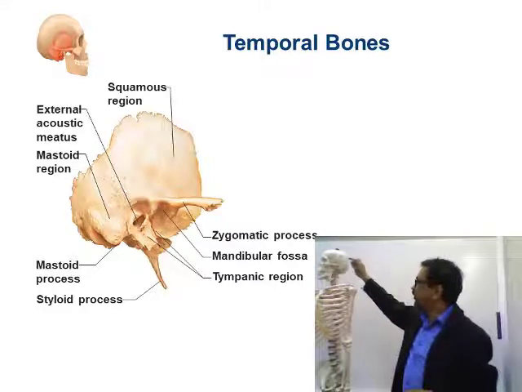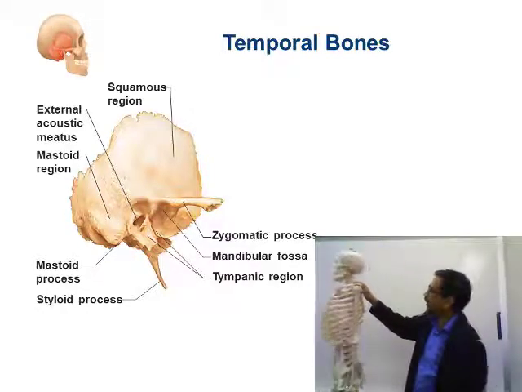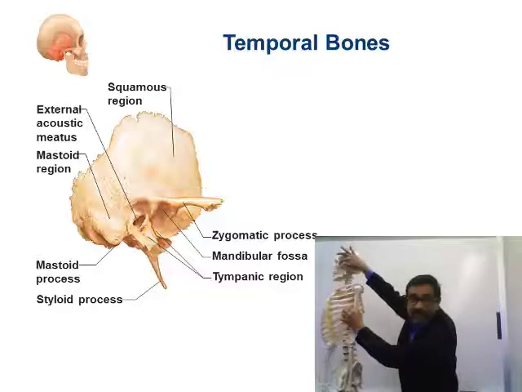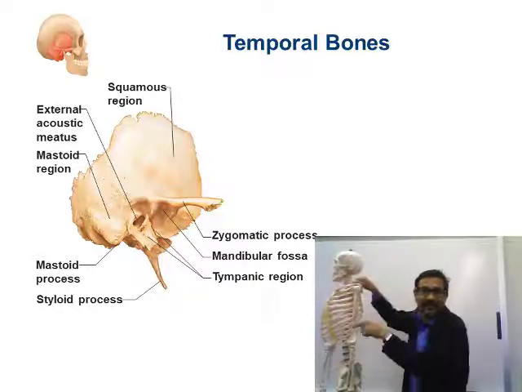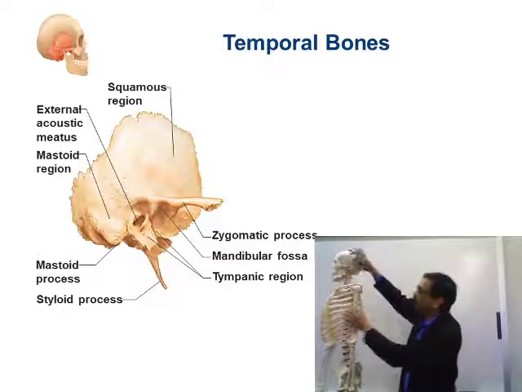So from this bone, what are the things sticking out? Let's see. One, you see this piece going to the zygomatic bone. This is the zygomatic bone, you know that. So that's why this part of temporal bone is called the zygomatic process. Make sense? Because it is going to the zygomatic bone. That's why it is called zygomatic process of the temporal bone.